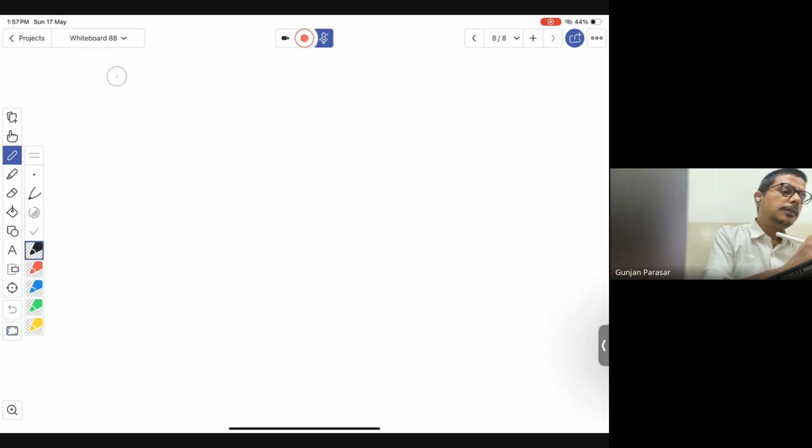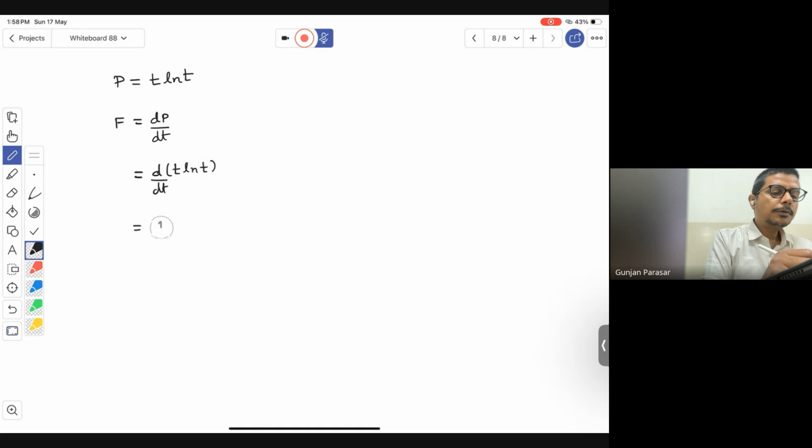They are telling us P is a quantity which is t ln t. And they're telling us F is equal to dP by dt. So dP by dt will be dy by dt of this t ln t that we have found just now, and that came out to be 1 plus ln t.